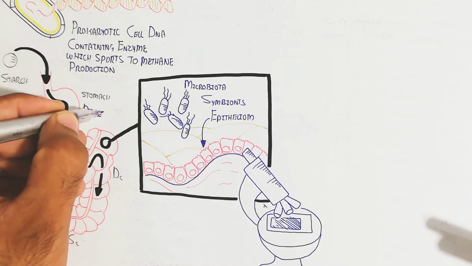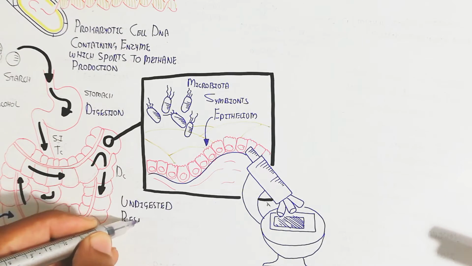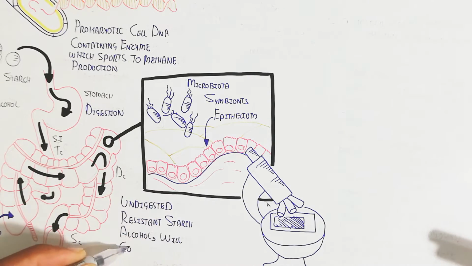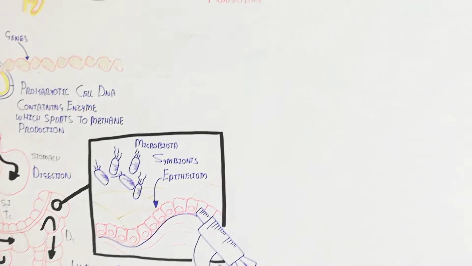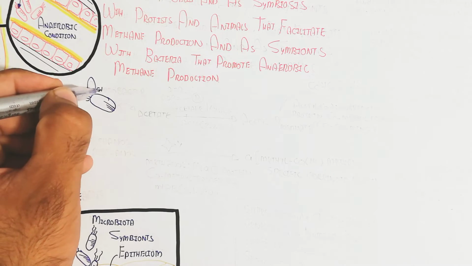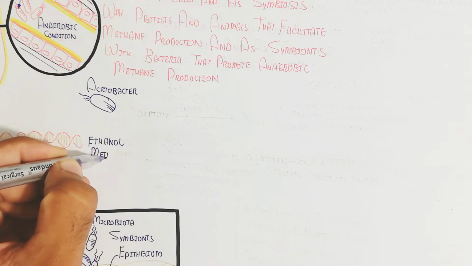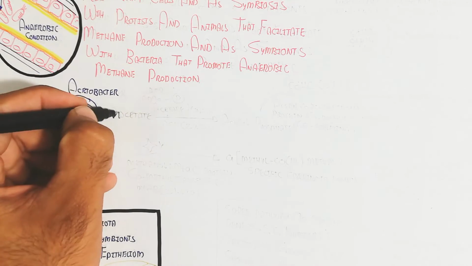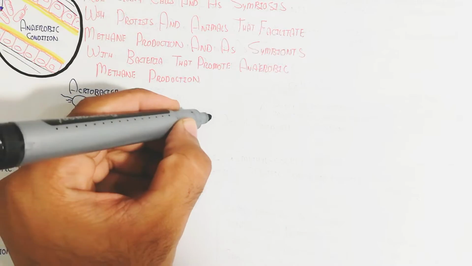The undigested resistant starch and alcohol will be consumed by the microbiota, and the microbes convert it into methane. For example, ethanol or methanol, which is alcohol, is also converted after drinking alcohol. The growth of methanogens will increase due to chronic ethanol consumption.